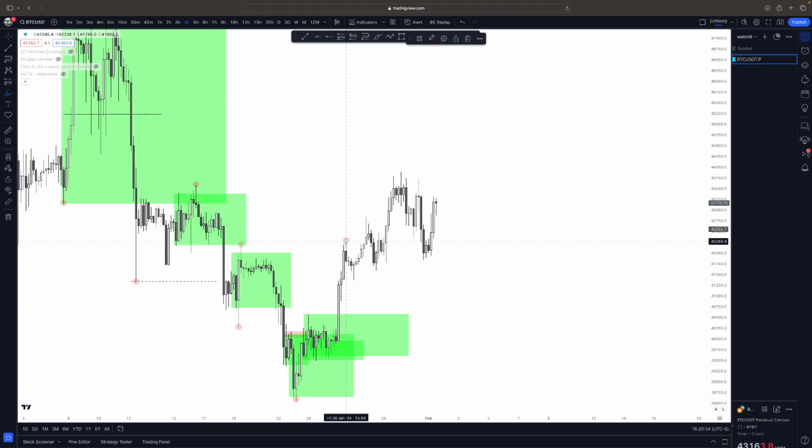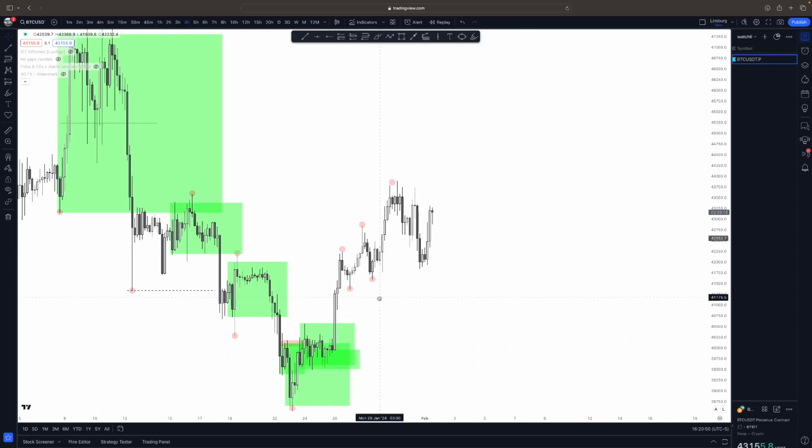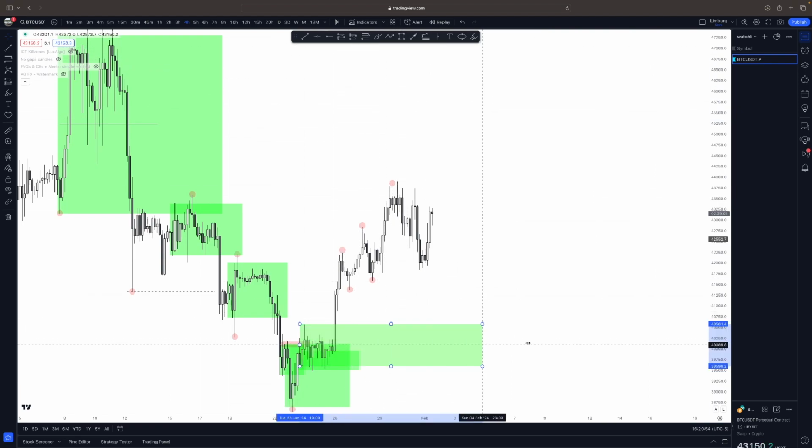As you can see right here, price gained like that. And price never came back and created a new high again. So this demand zone is invalid right now. We cannot look for longs in this demand zone.